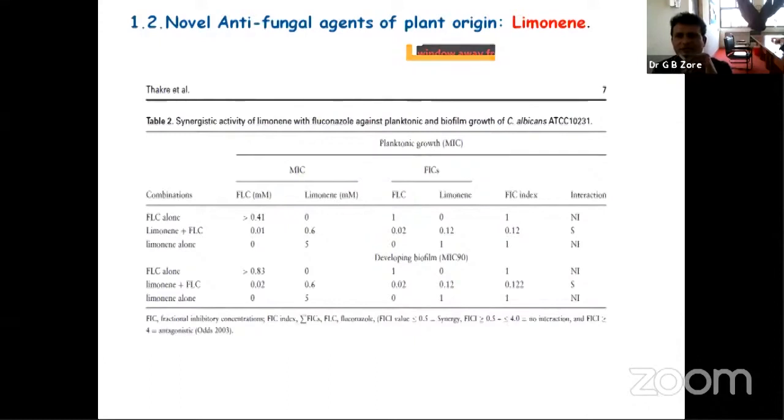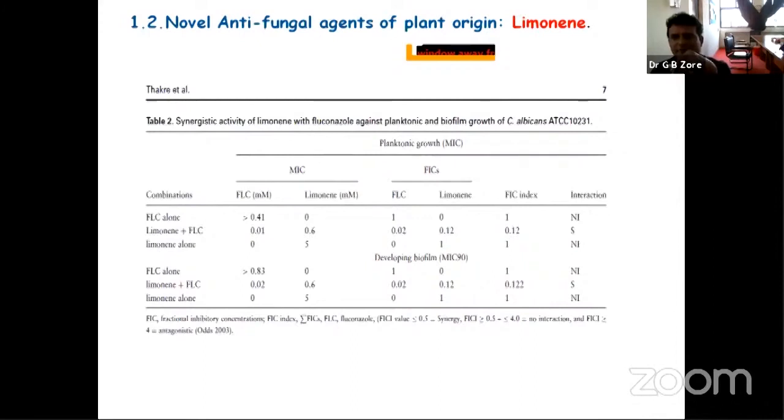On the other hand, when we use them individually, the fluconazole was needed at very high concentration. But in the case of the combination, a very low concentration was enough to inhibit the planktonic and biofilm growth of Candida albicans.